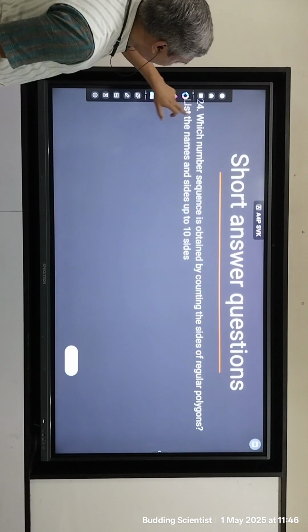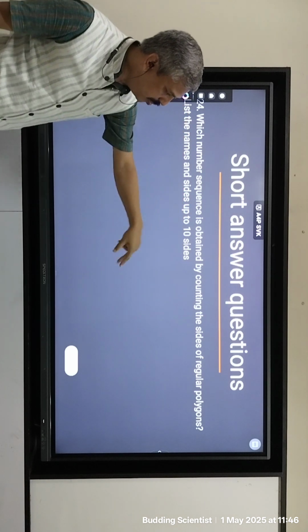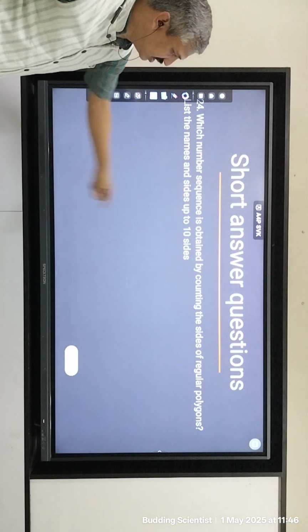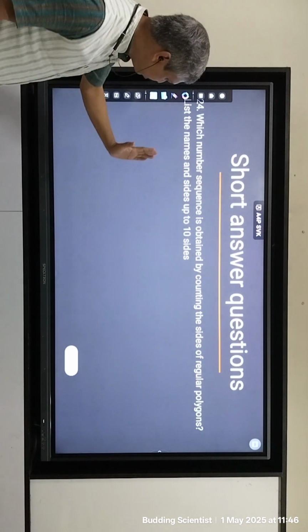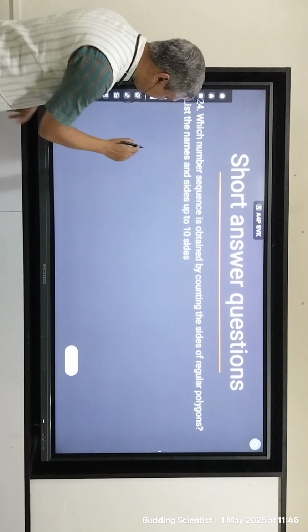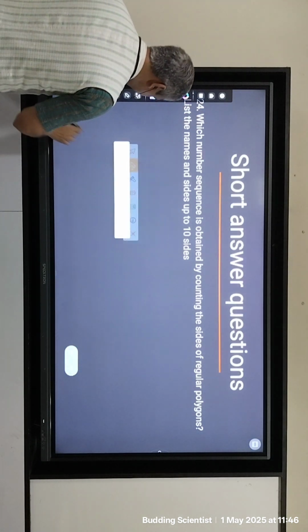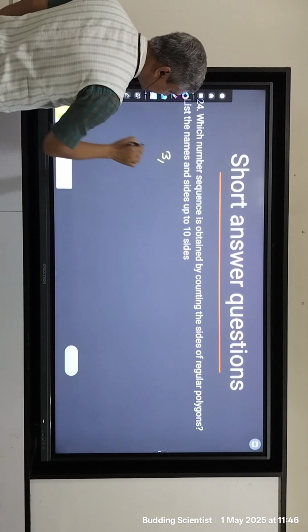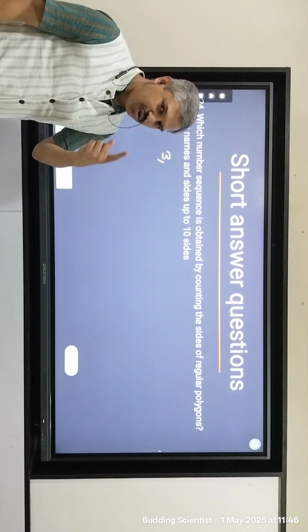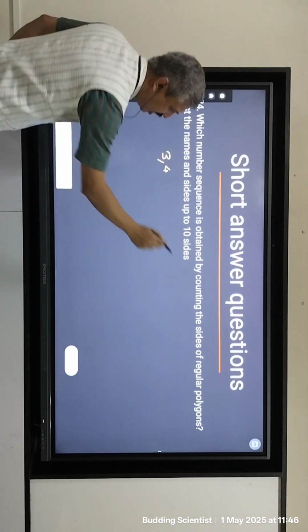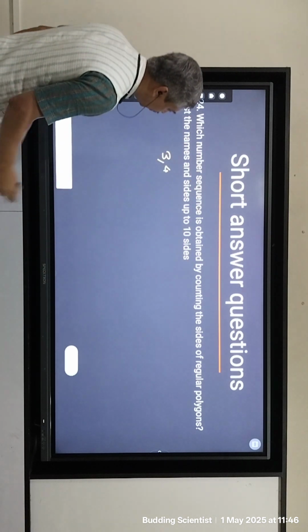Next, which number sequence is obtained by counting the sides of regular polygon? List the names and sides up to 10. We are listing the names, from triangle we will start. So we are writing starting with 3. If there is an equilateral triangle, the sequence is having 3. Square will have 4 sides. The number of sides we are talking about, counting the number of sides of the regular polygon.